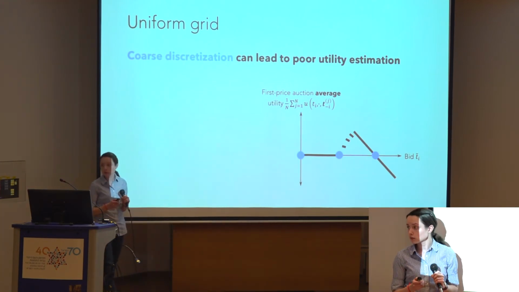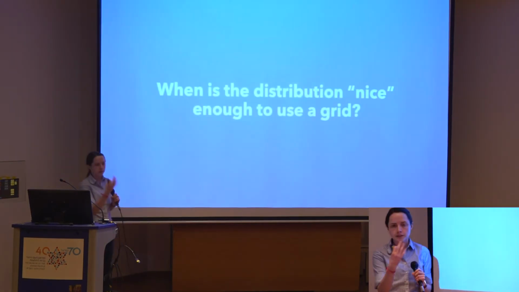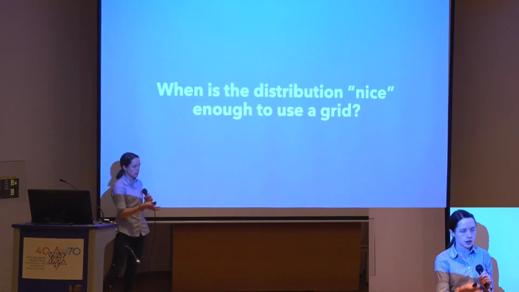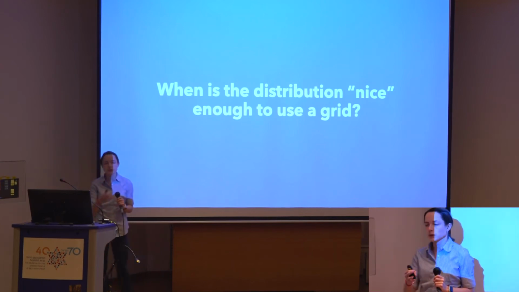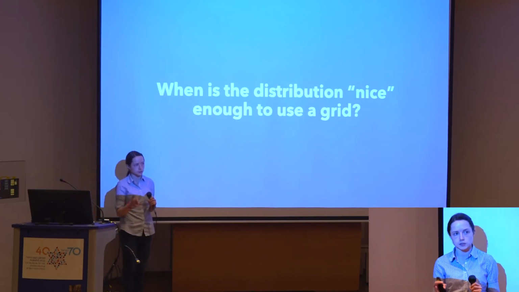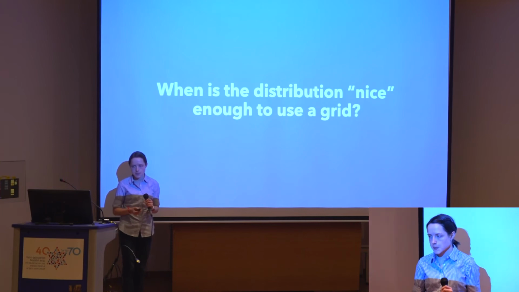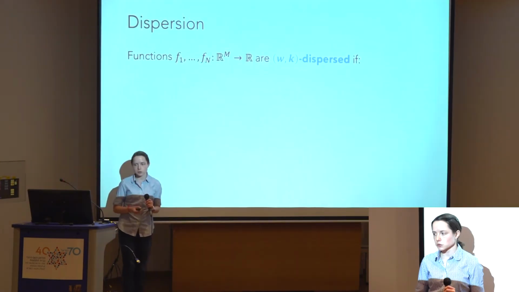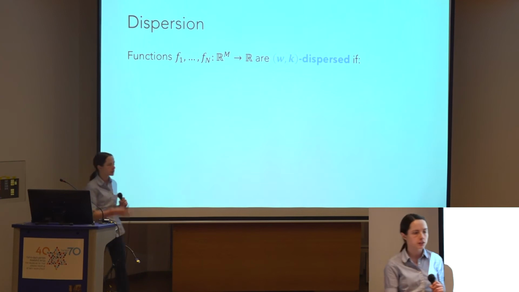So this raises the question, when is this distribution over agents' types actually nice enough that we can use the uniform grid and get good utility estimates? And to answer this question, I'm going to rely on a notion called dispersion.